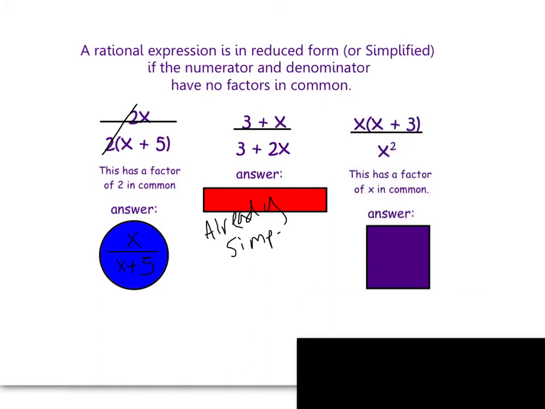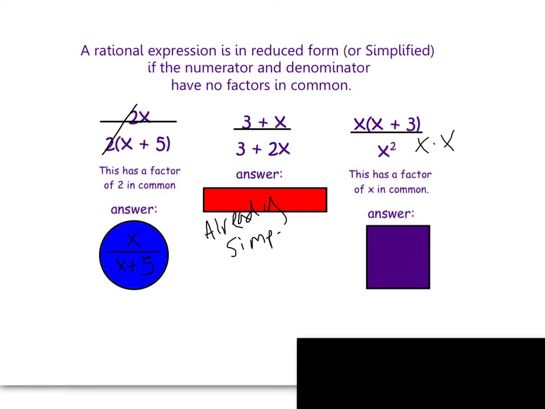X times x plus 3 over x squared. Now if we notice, x is a factor because it's being multiplied. X plus 3 is also a factor because it's being multiplied. X squared has factors of x times x.